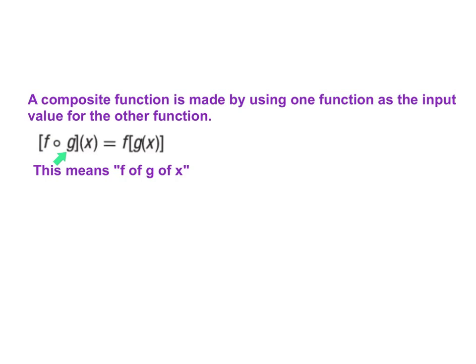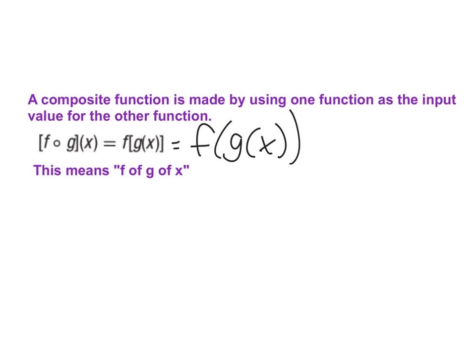Some of the memes on the wall have to do with this, f of g. Sometimes it's written like this. Sometimes it'll be written with just a bunch of parentheses like this. So these three things all equal the same thing.